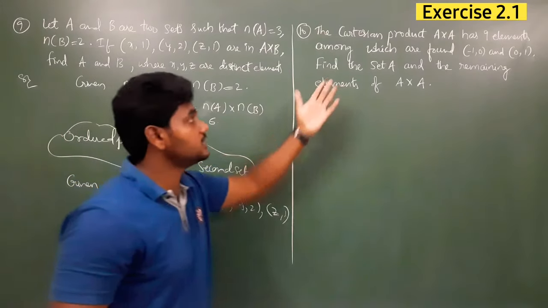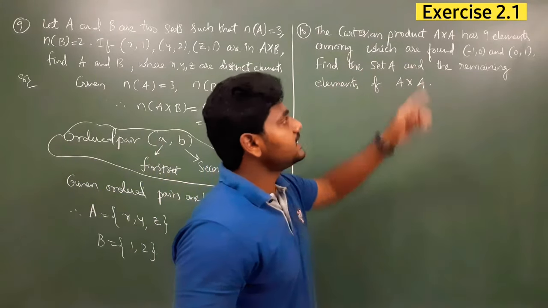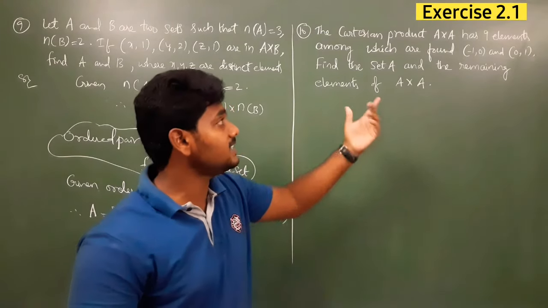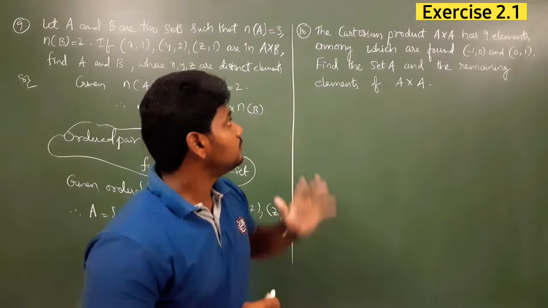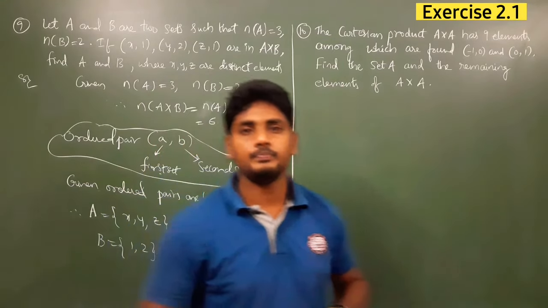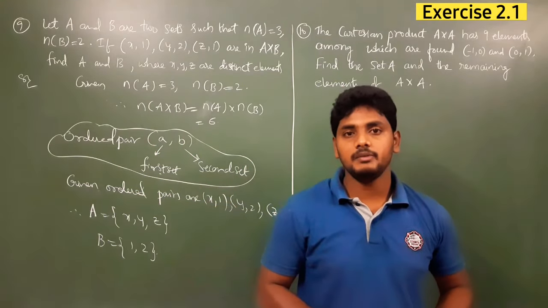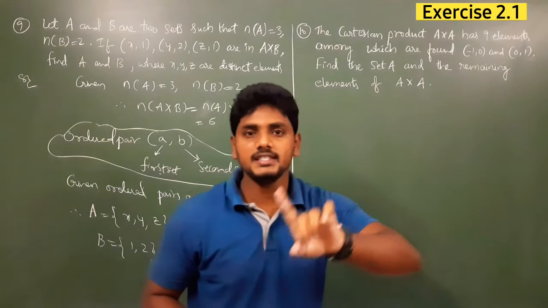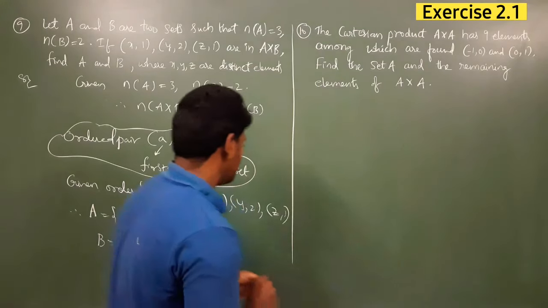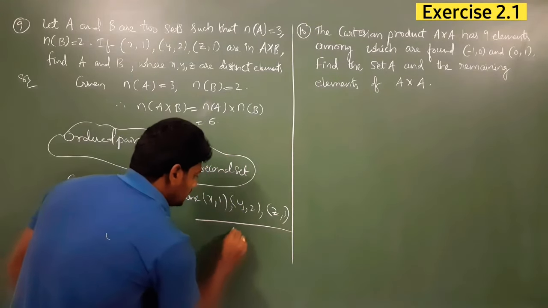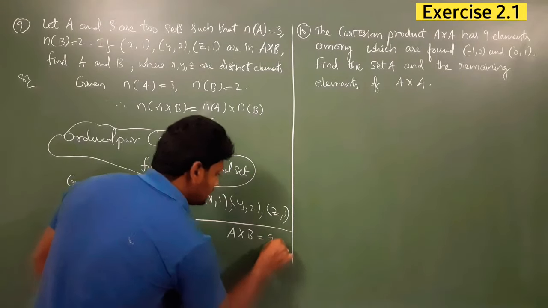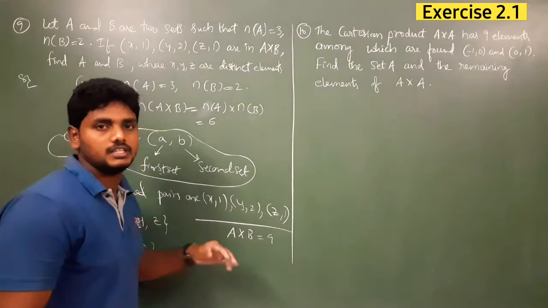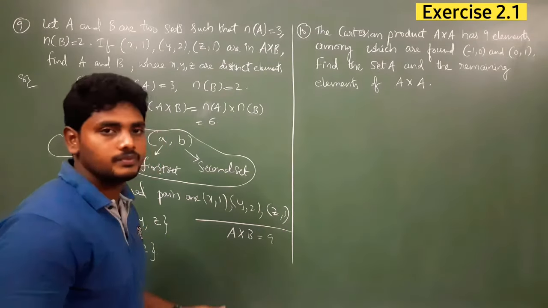Next, when it comes to question number 9, the Cartesian product A × B has 9 elements. See, A × B has 9 elements. Then can anyone tell me what are the possible values of n(A)?